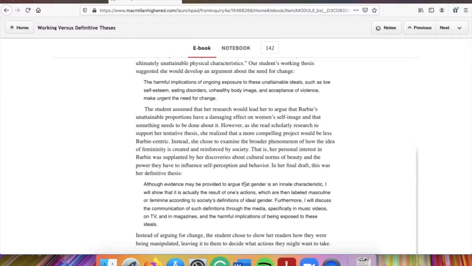But then, as you can see here, the research took her in a more interesting direction, to look at the broader idea of how femininity is created culturally and how it is created and reinforced by society.